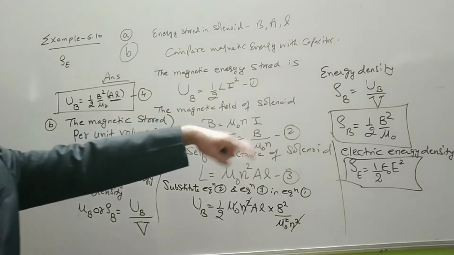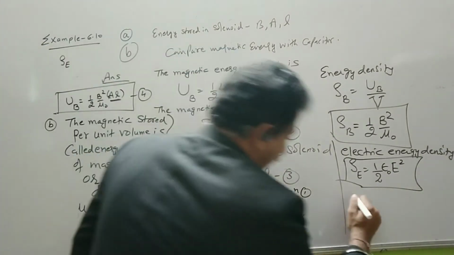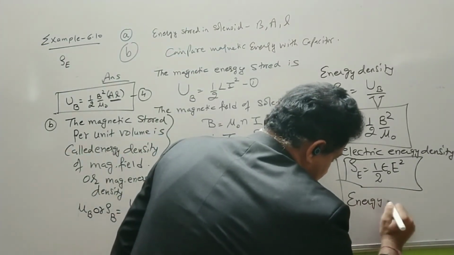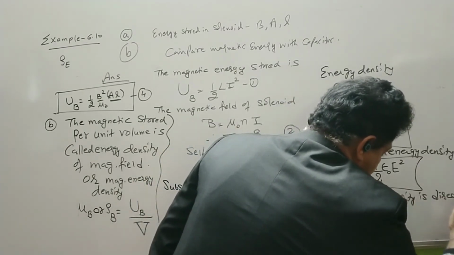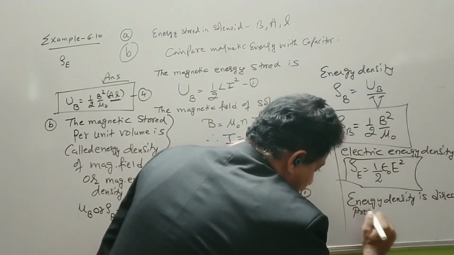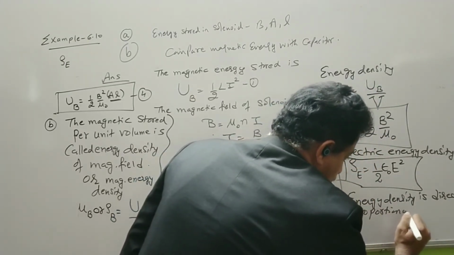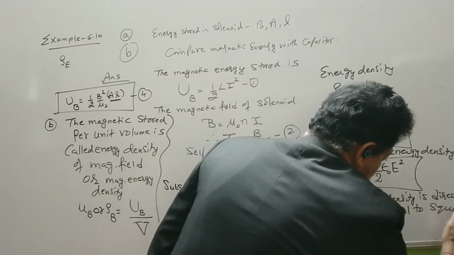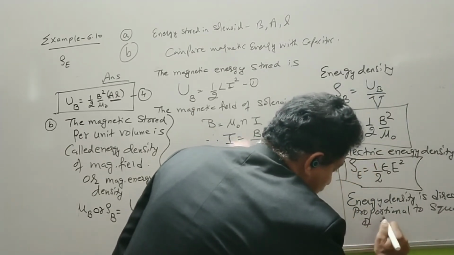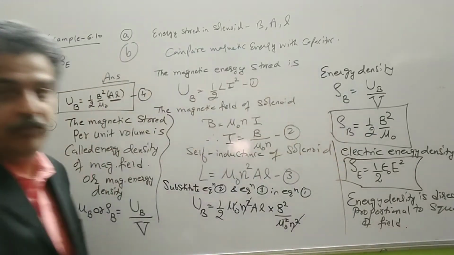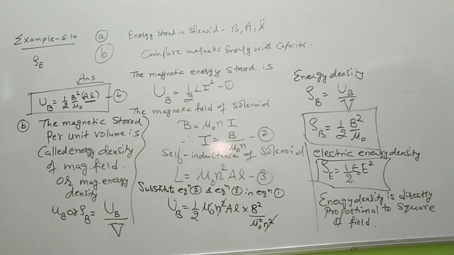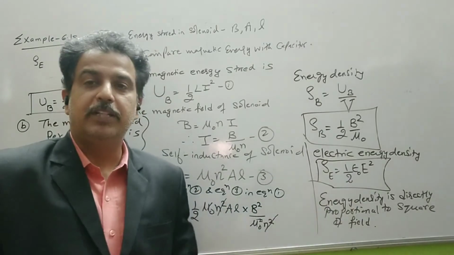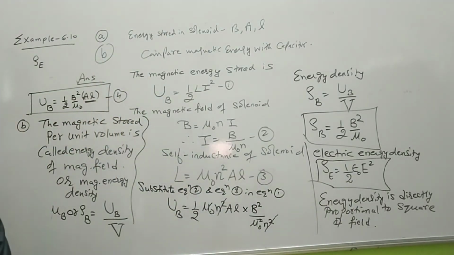So from both these expressions it is clear that energy density is directly proportional to the square of the field. Whether it is an electric field or a magnetic field, the energy density is directly proportional to the square of the field, and permeability and permittivity are the respective constants.